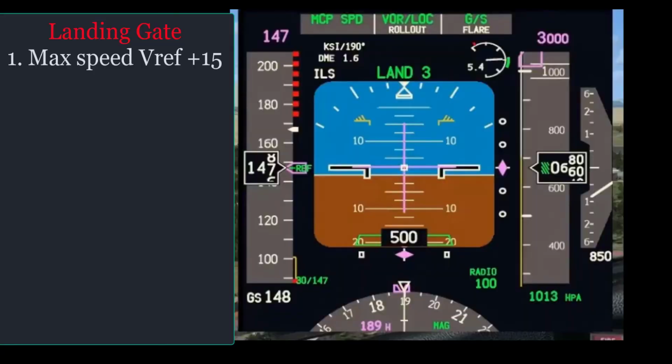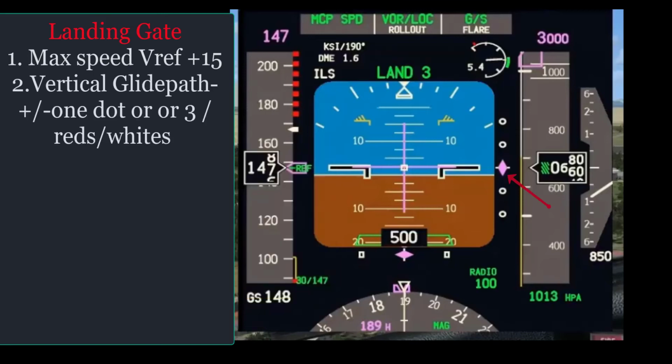A stable landing requires a stable approach. So what is a stable approach? At 500 feet above ground, your maximum speed should be 15 knots above your VREF. Your vertical glide path should be within 1 dot, or on the PAPIs you should see 3 reds or 3 whites.